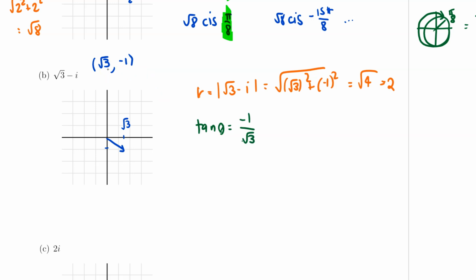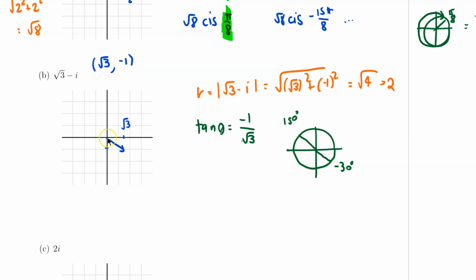Okay. So the tangent of what angle is negative 1 over square root of 3? Well, the tangent of negative 30 degrees, and the tangent of 150 degrees, are both negative 1 over square root of 3. But which one do I need to use? For this, you actually have to look at the picture that we saw earlier.